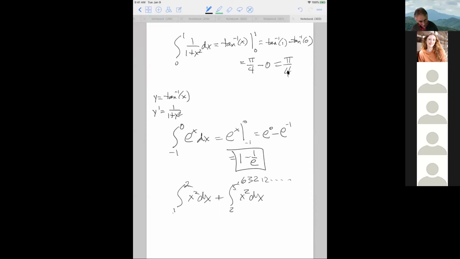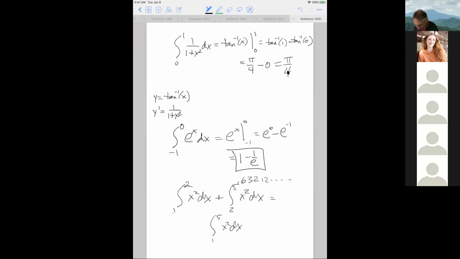So the whole thing will be the same as the integral from 1 to 5 of x squared dx. That is pretty factual. The area under the curve, you add those two areas together, you get the whole thing.